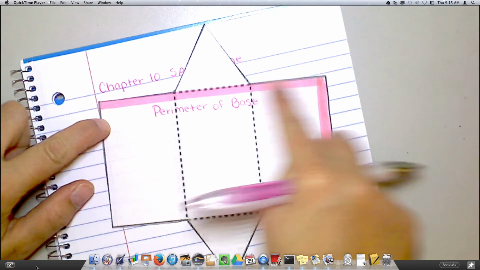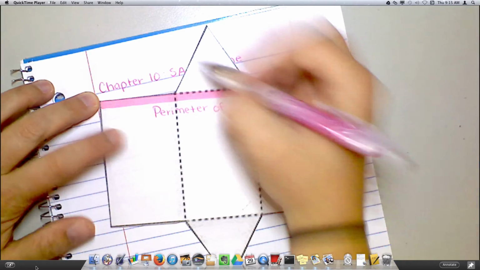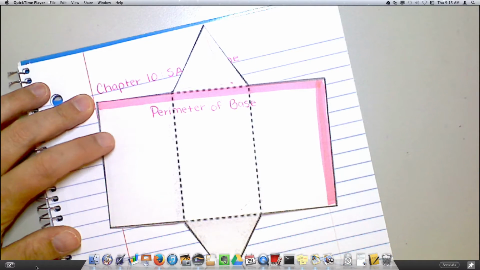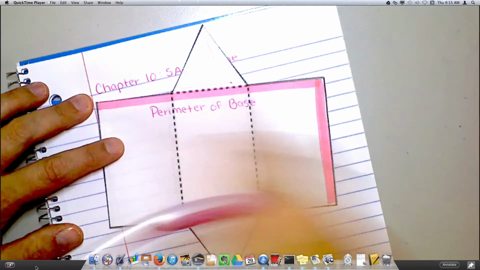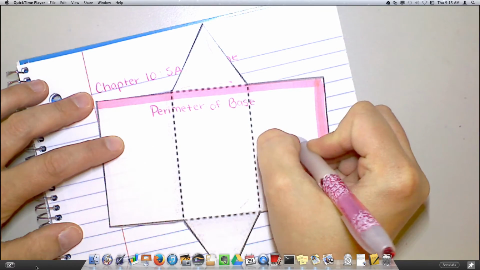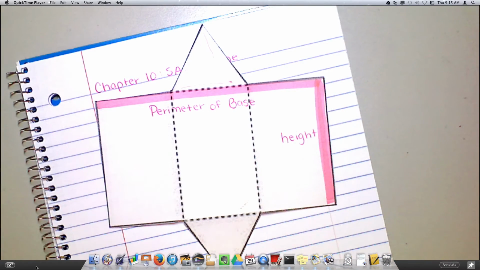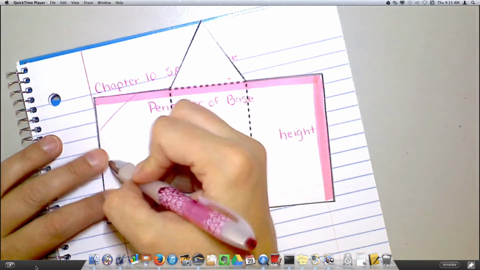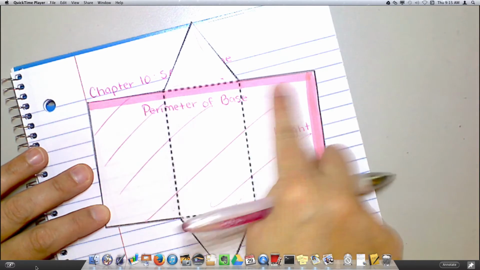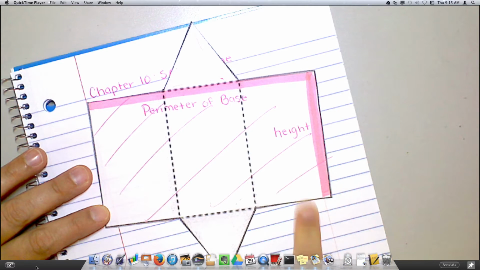So this length here is the perimeter of the base, right? This long pink line is the same thing as if I were to find the distance all the way around the sides of that triangle. And this, we said, is just the height of the prism. So do you agree that to find the area of this whole rectangle, I would do the perimeter of the base times the height? Can you see that?